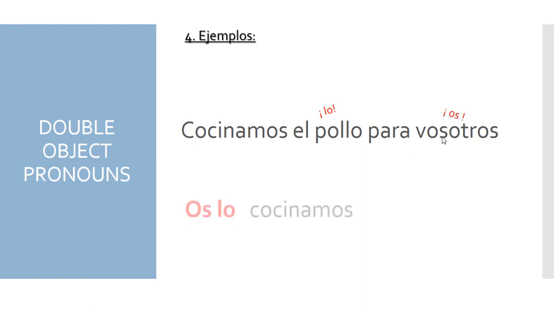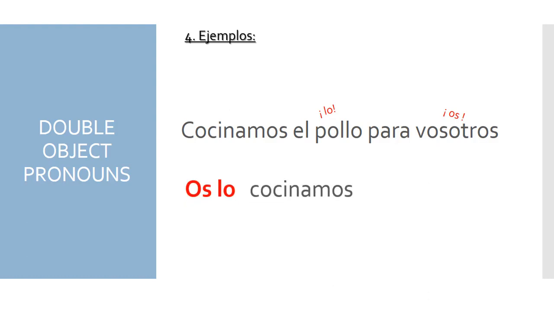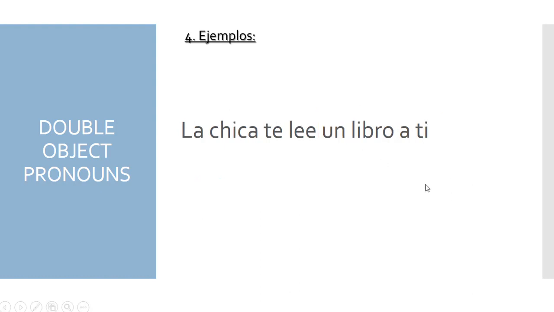So if we put it in front of the verb, os lo cocinamos. We cook, this is literally, we cook it, el pollo, to you guys. We cook it for you. We cook it for you guys. That's what it means. We're just using fewer words. That's ultimately what all languages try to do.